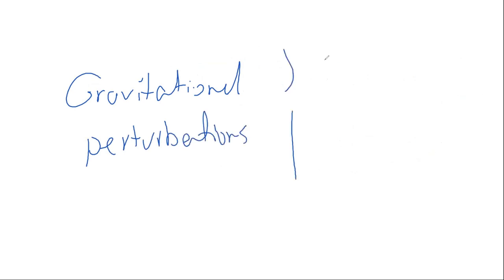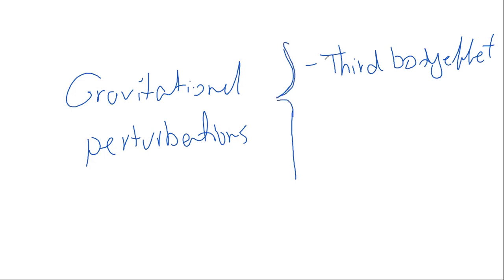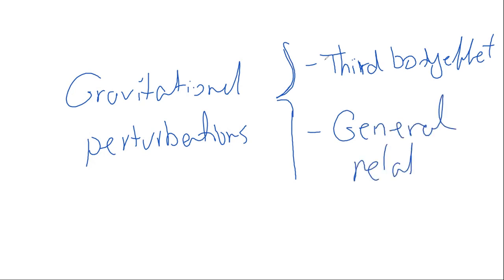The first one is called the third body effect, which is the effect of other planets, and another one is general relativity, if I'm not mistaken.